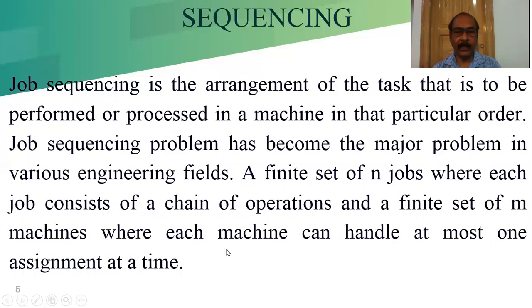When we are considering n jobs in a queue processed through m machines, at a time one machine can run. So when the first machine is running, all the other machines are idle.